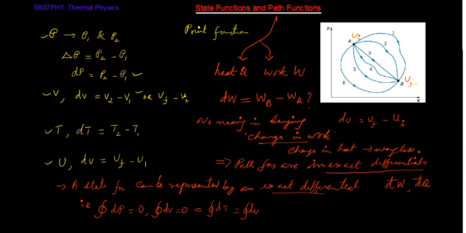One more thing you can conclude: since W and Q are not state functions, the closed integral of work over a path is not equal to 0, and the closed integral for Q is also not equal to 0. These are properties of inexact differentials. You will become familiar with the use of inexact and exact differentials and the corresponding state and path functions in our first law of thermodynamics. Thank you.